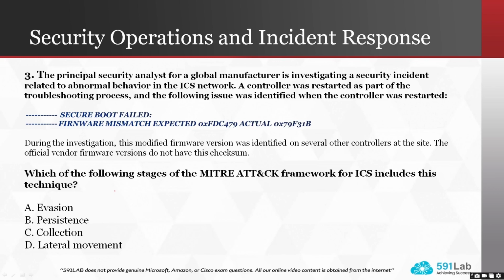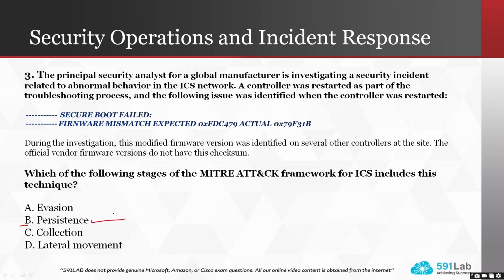Someone who is an expert in the MITRE ATT&CK framework will guess this question, since when the controller was started, secure boot failed and a firmware mismatch was found. So this technique is mainly related to the persistence technique.